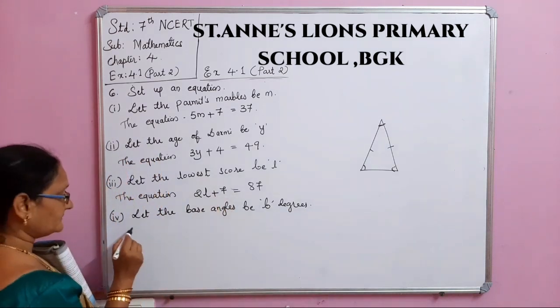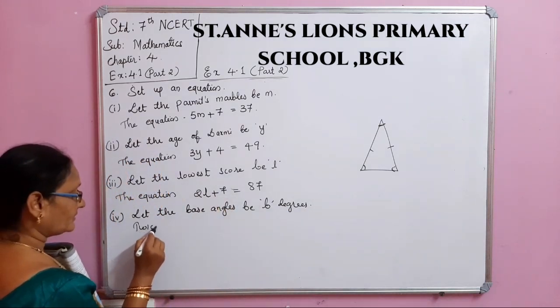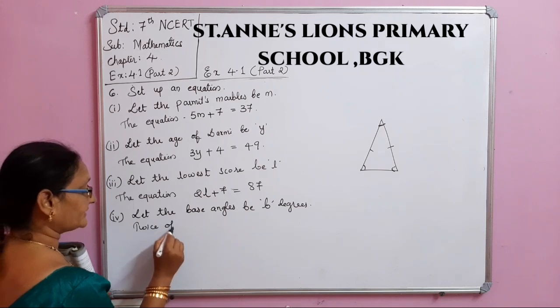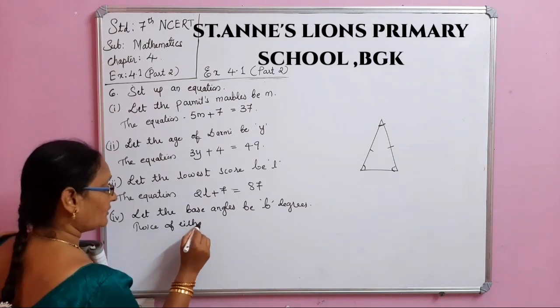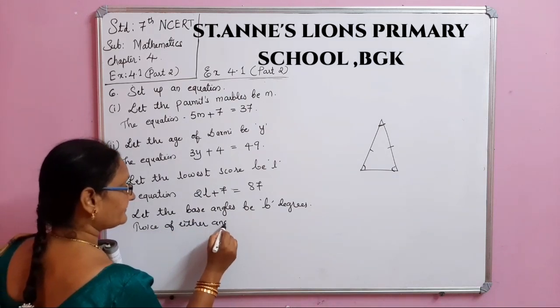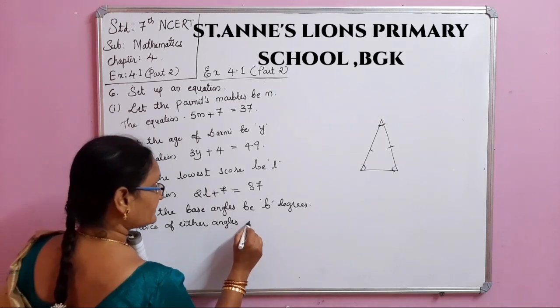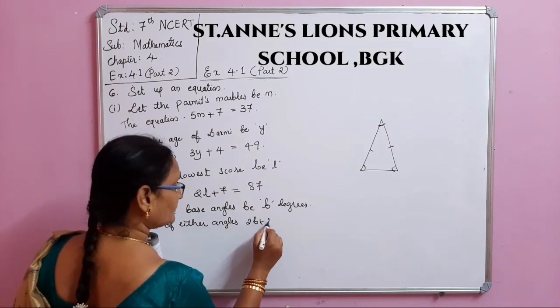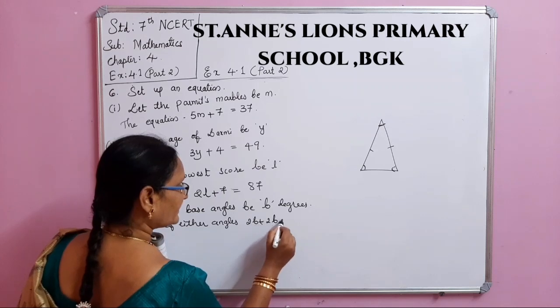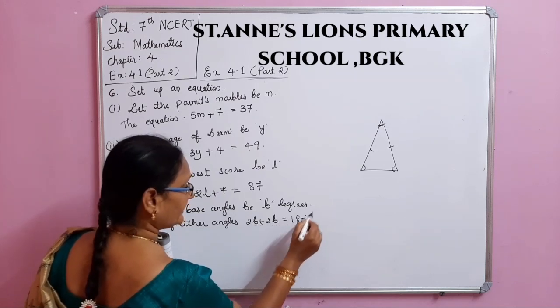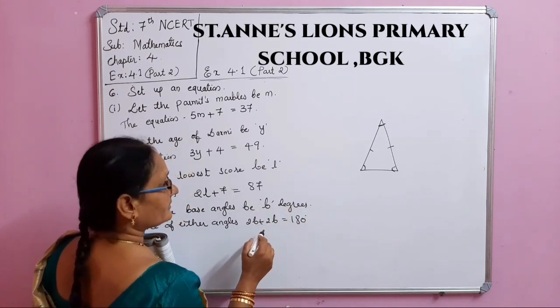Then twice of either angles means 2B plus 2B is equal to 180 degrees. Total is 180 degrees. Okay.